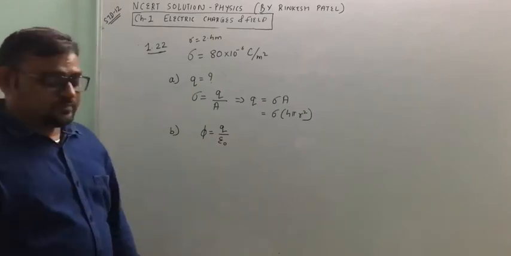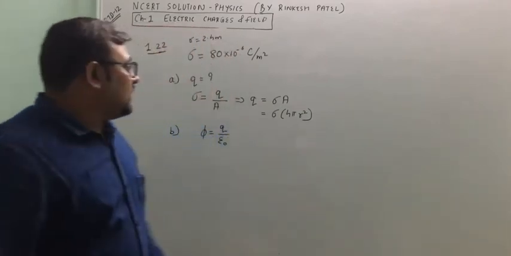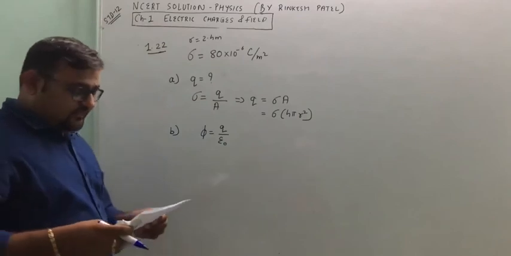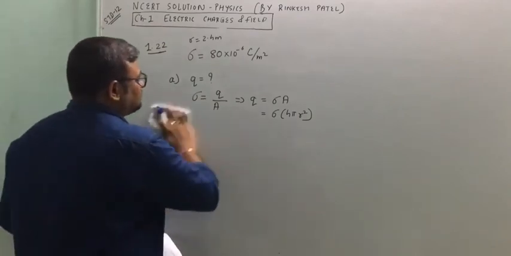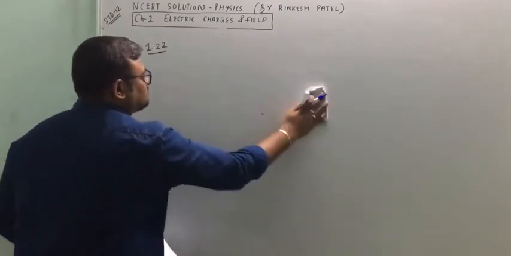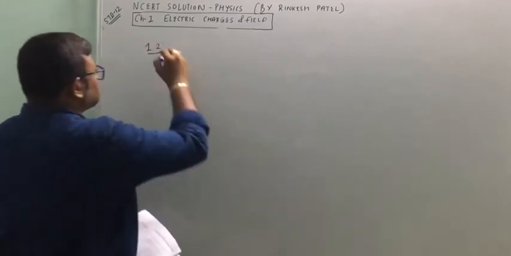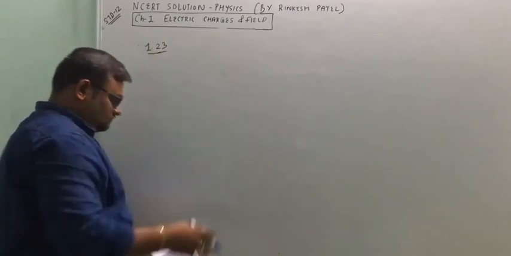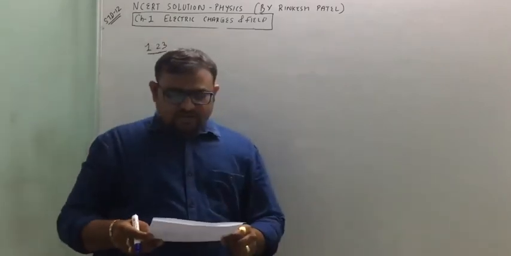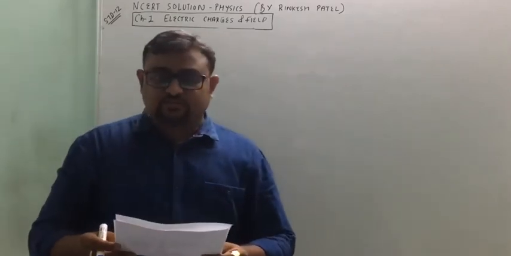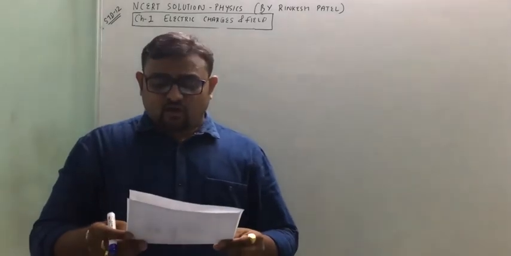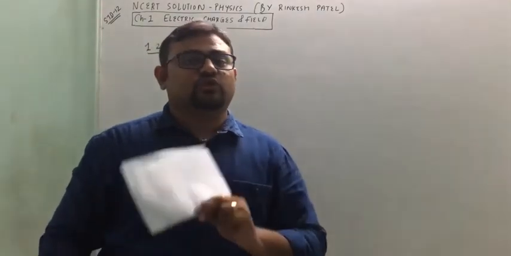Let's move to 1.23. An infinite line charge produces a field of 9 into 10 raised to 4 Newton per coulomb.